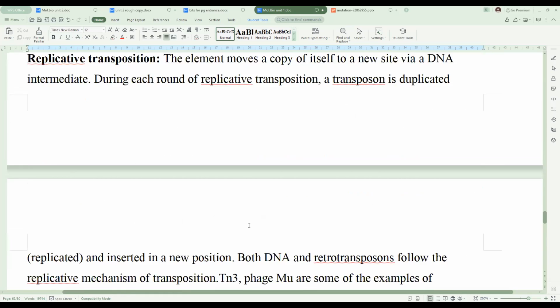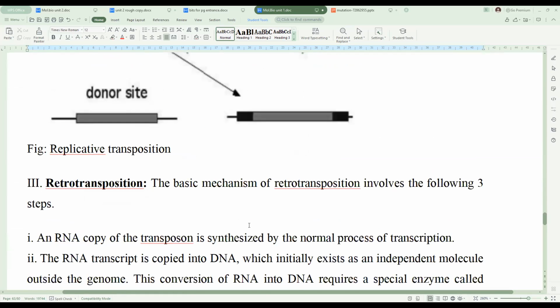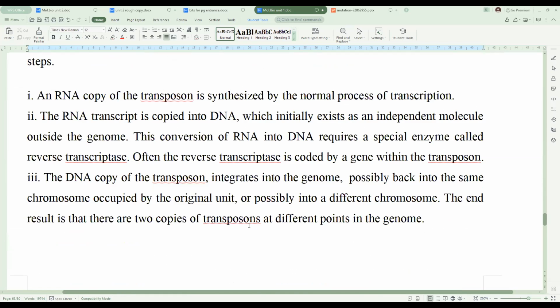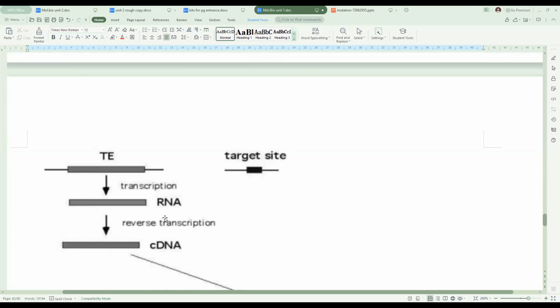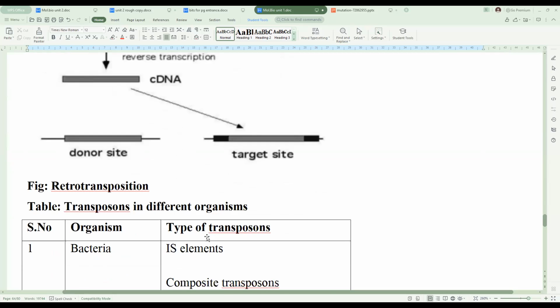There are three types of transposition: conservative, replicative, and retrotransposition. Conservative means the transposon itself goes and sits in the new place. Replicative means it forms a copy and that copy goes and sits in the new place. Retrotransposition means an RNA intermediate is there in the process of transposition.